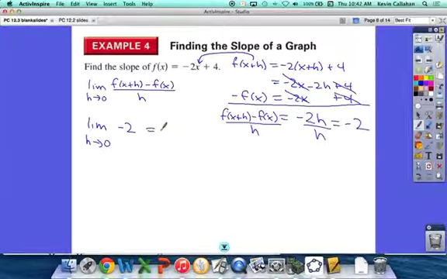This is not the number negative 2, it's the function f of x equals negative 2. It's a horizontal line. Every y value is negative 2. So what is going to be the limit as h approaches anything? Negative 2. So we kind of already knew that, because with straight lines we can tell the slope just by looking at it. But it actually works its way out here too.